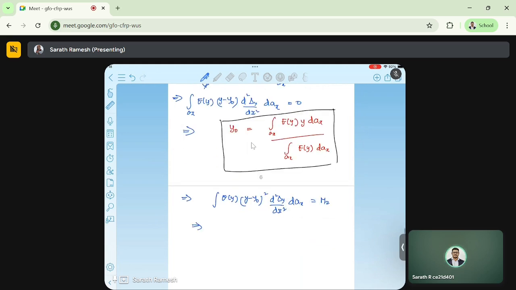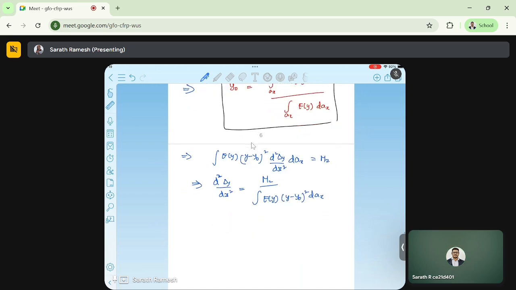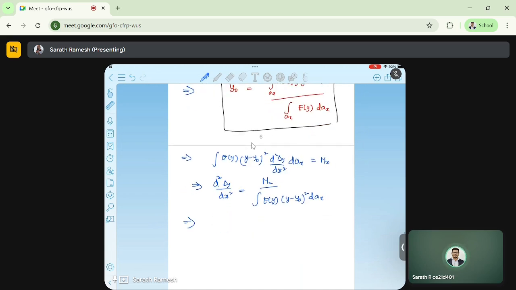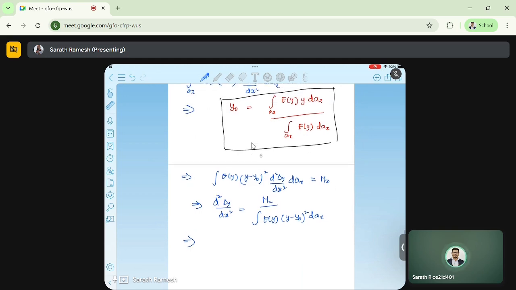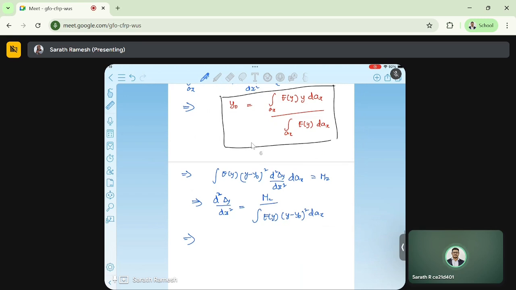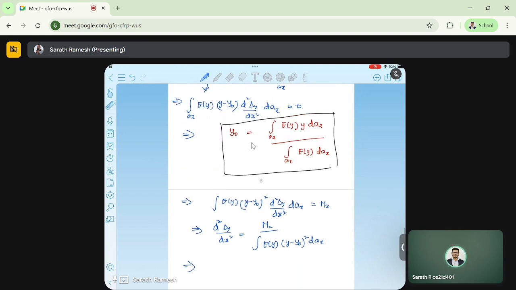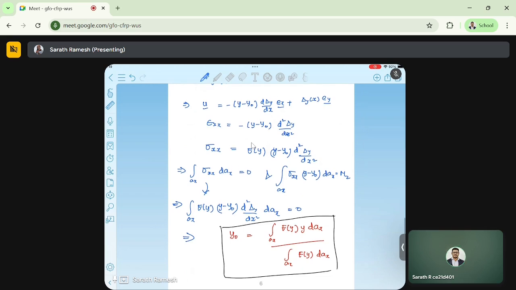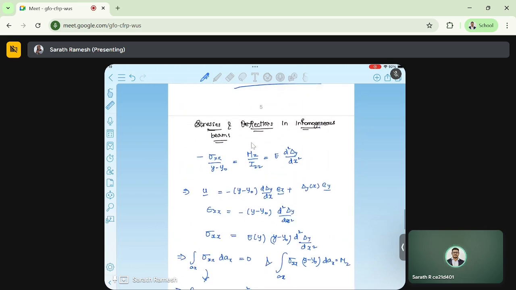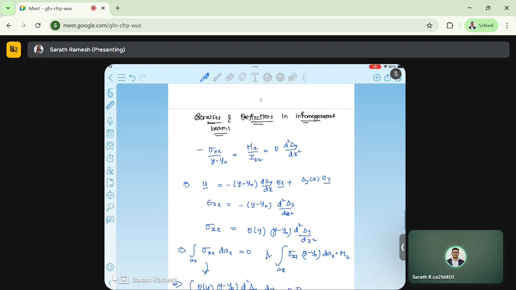Now this implies d square delta y by dx square is equal to mg by integral of E of y times (y minus y naught) the whole square dAx. Right. So when we write it combined, d square y by dx square equals mg by E of y into y. Similarly, this is equal to sigma xx divided by E, which will come down.